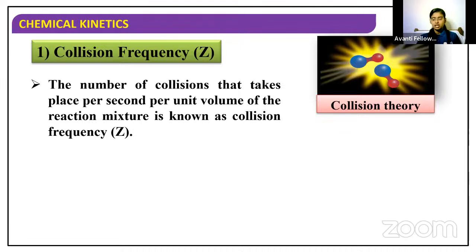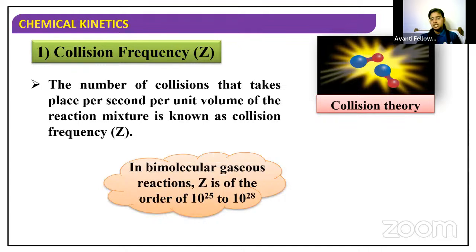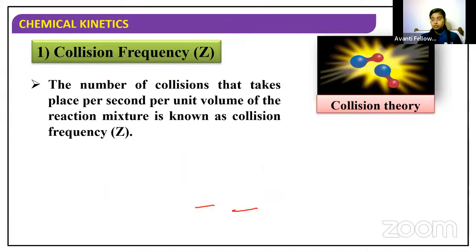For a bimolecular gaseous reaction, bimolecular meaning only two reactants are present in your mixture, the collision frequency Z is of the order of 10 to the power 25 to 10 to the power 28. The definition is the number of collisions taking place per second per unit volume. So this is collision frequency.